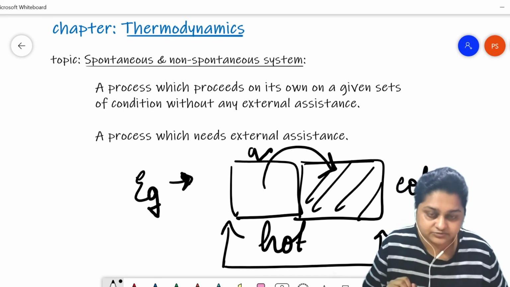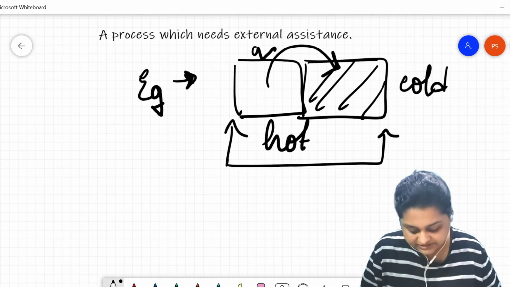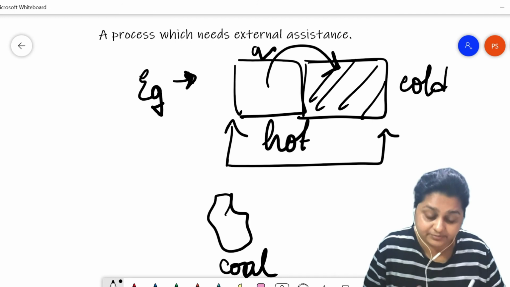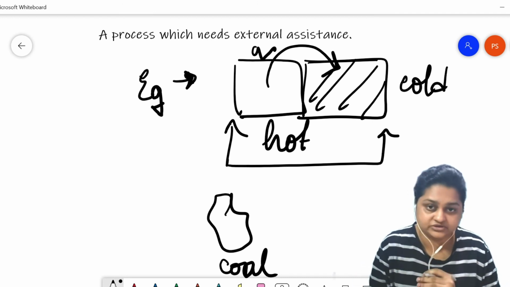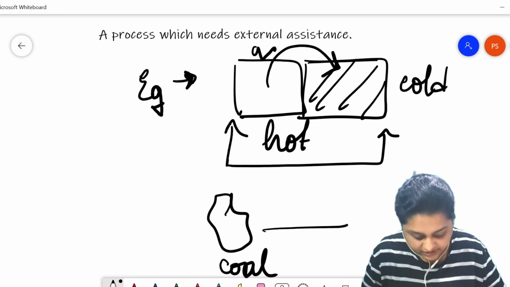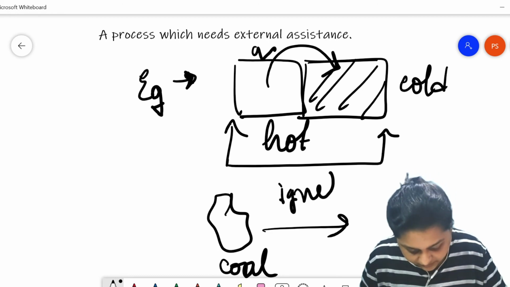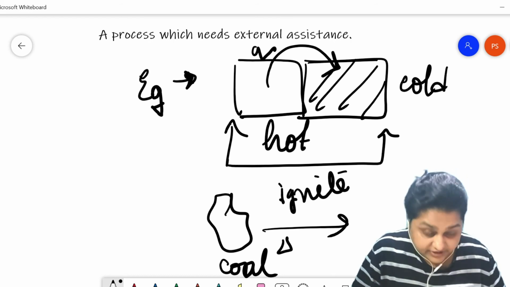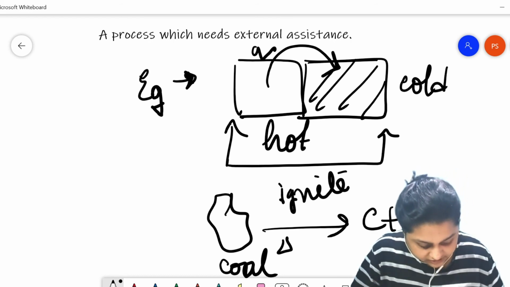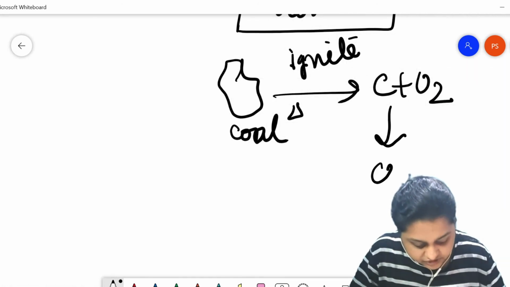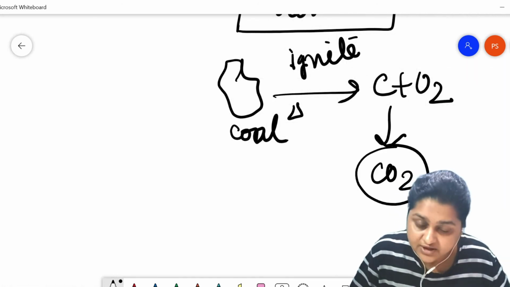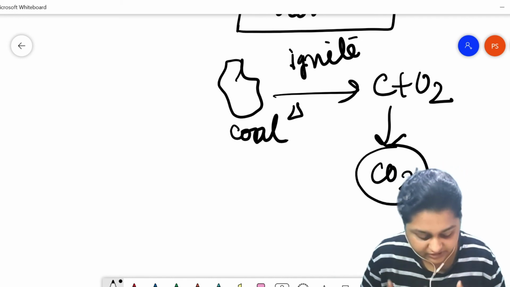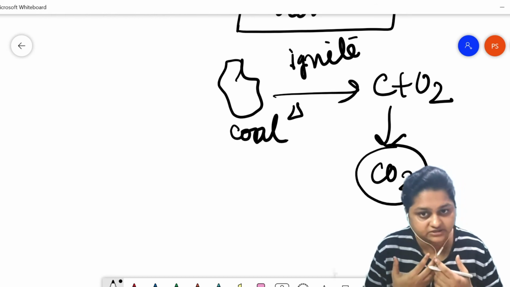Another example of a spontaneous reaction is coal. When coal is left in an open environment, no reaction occurs. But if you ignite the coal, it starts to react with the oxygen in the atmosphere and a combustion reaction begins. After the ignition, the reaction requires no external help and the combustion occurs spontaneously.